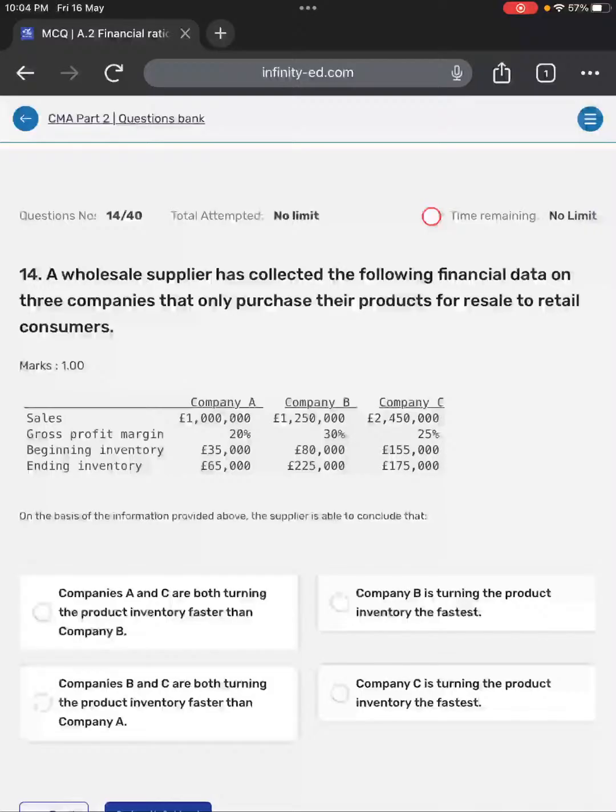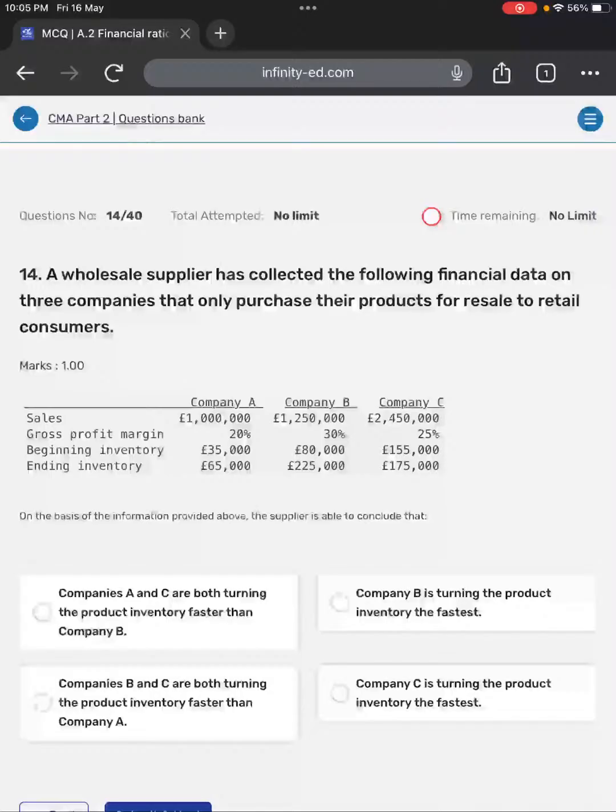Another option is 155,000 plus 175,000 divided by 2, 165, and 2.45 million divided by 1.25, divided by 165,000, comes to 11.87. 360 divided by 11.87 comes to 30 days.